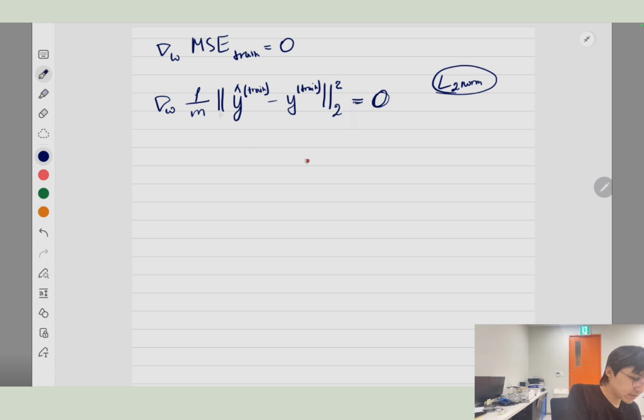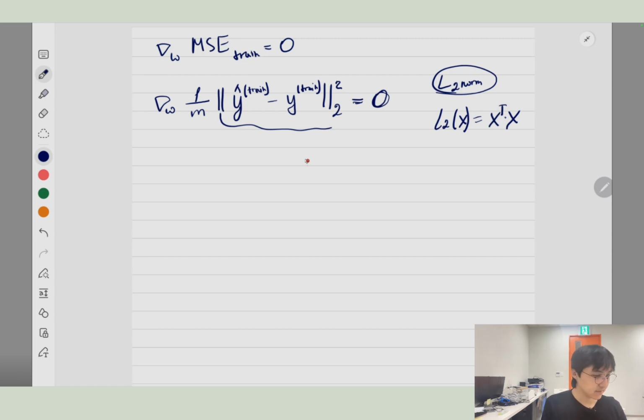So how can we represent this in another form? We can say, for example, if L2 of x is this, we will take it as it is.